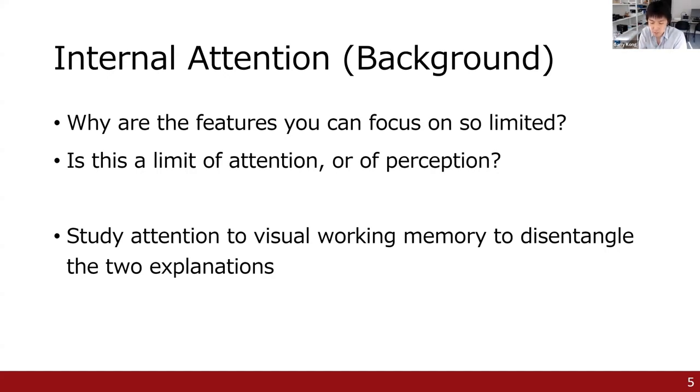One way of getting at this question is to study how attention works when you direct it not towards what you're looking at right now, or current perception, but to focus it on something you saw in the past or something that you've imagined. In other words, you're using your visual working memory.